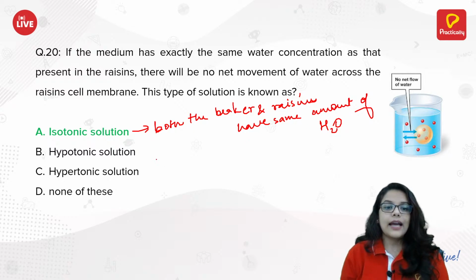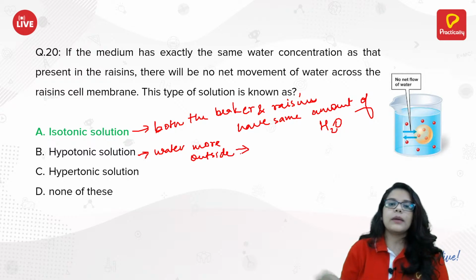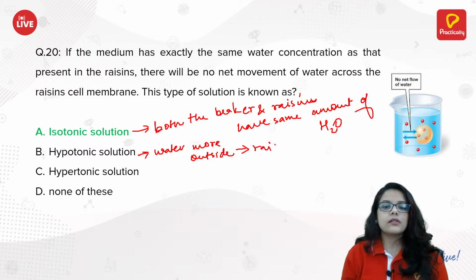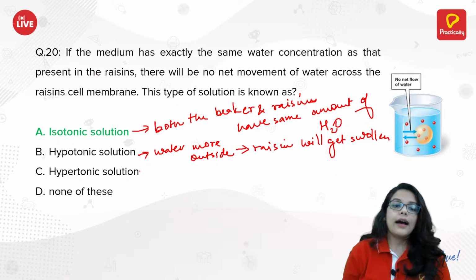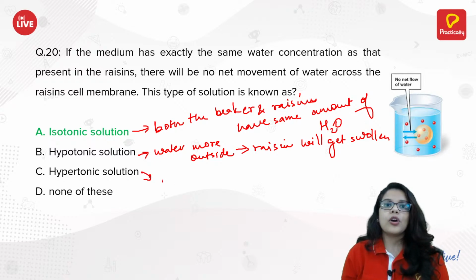In a hypotonic solution, what happens? The water is more outside, so the water might come inside and the raisins will get swollen. In a hypertonic solution, the water concentration is less, so the raisins will shrink.